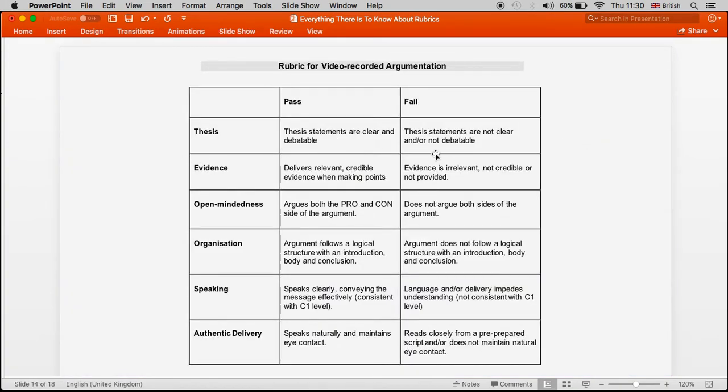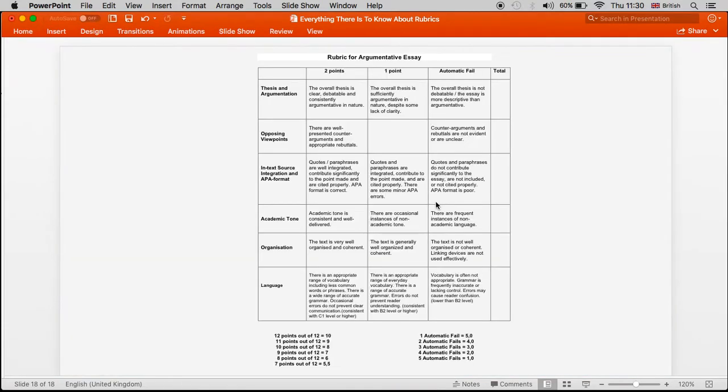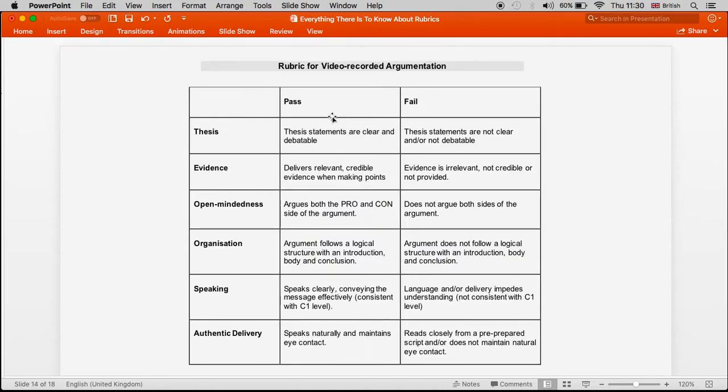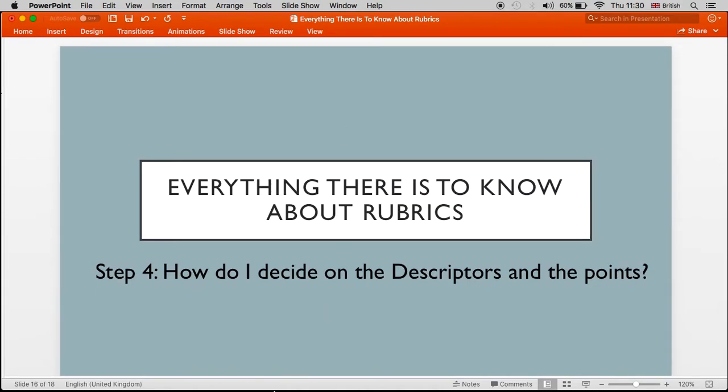Here are just 2 levels. Why? Because it's pass-fail. Here we see there are 3. Fail, that's insufficient. 1 point, 2 points. Again, you don't want too many because this can become quite confusing for people.